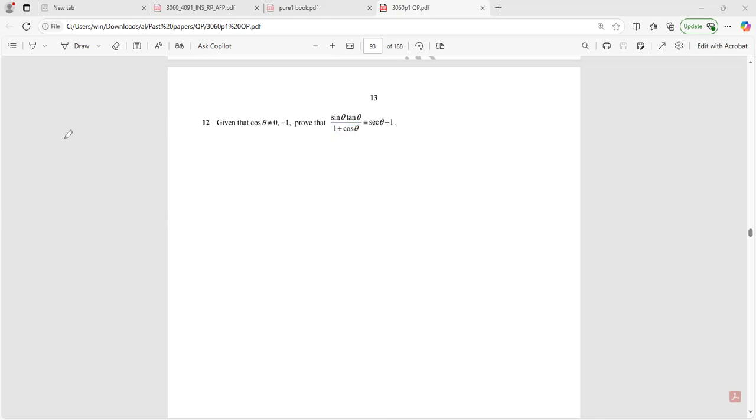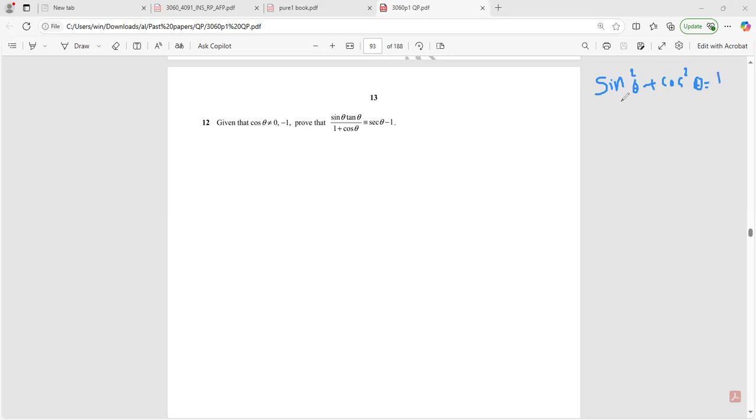Okay, remember in the proof, the most important rule: sine squared theta plus cosine squared theta equals 1.